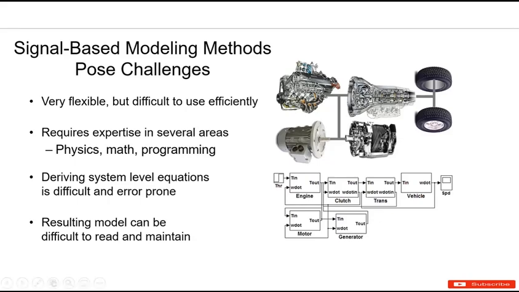So Simulink models for a vehicle transmission system might look something like this, but in each of these blocks, like the engine, clutch, and so on, you have hundreds of Simulink blocks which are modeled based on the equations of the engine, clutch, and so on.